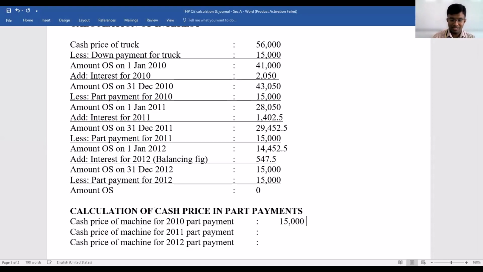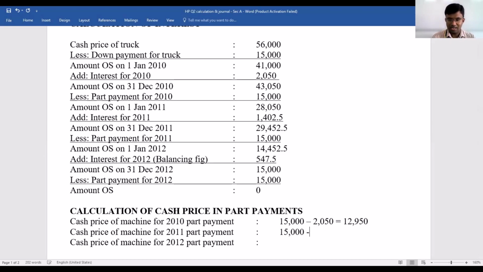In 2010, we know that the part payment was 15,000, and out of the 15,000 part payment, 2,050 has gone towards the interest. So the remaining amount has gone towards the cash price. The cash price proportion would be 15,000 minus 2,050, which is 12,950.